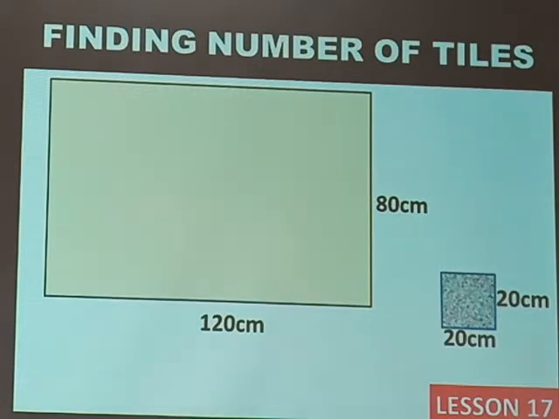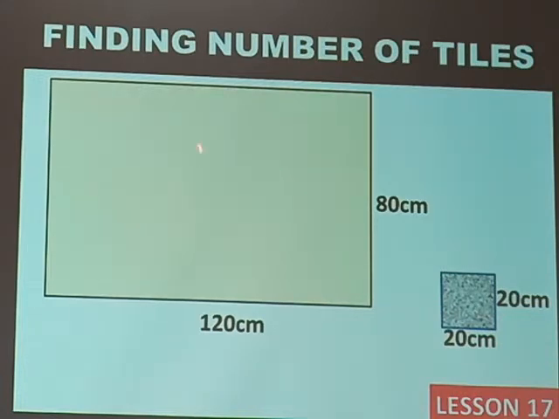So let's look at this one here. This one here on my left is a room with the measurements 120 centimeters and 80 centimeters. So the length of the room is 120 centimeters, its width is 80 centimeters. On my right here, I have the tile which we are going to fix.